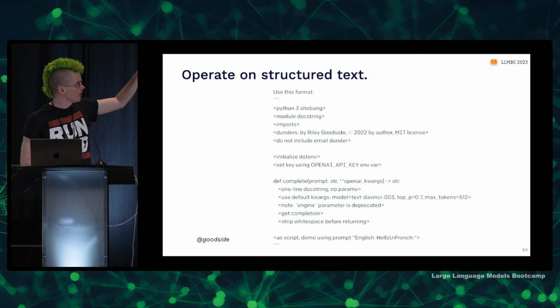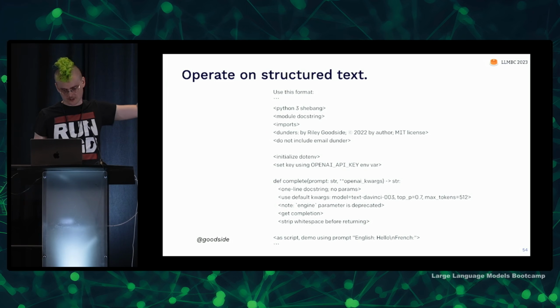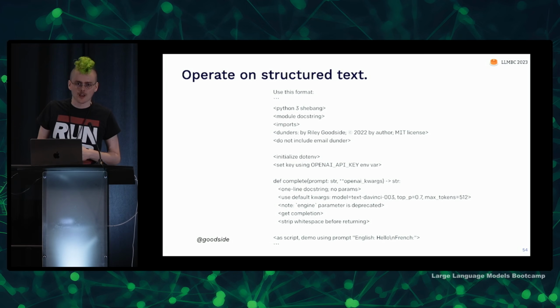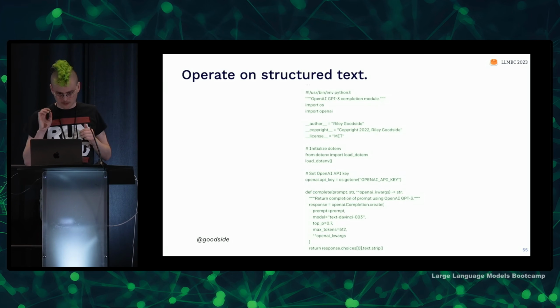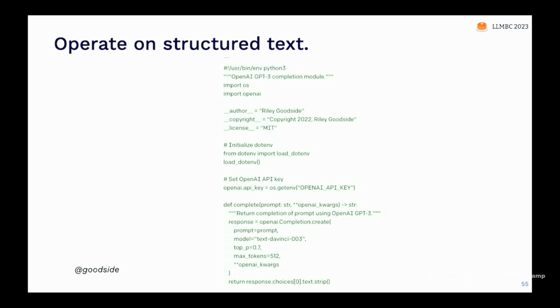So: it should start with a hash bang, it should have dunders, I should have a function, and then I should have some basic features inside that function. You could make use of structured text that's not as rigorously structured as JSON or YAML, just more structured like pseudocode, and language models will pick it up quite well. For this example, it generates this nice little snippet of code for calling the OpenAI API.